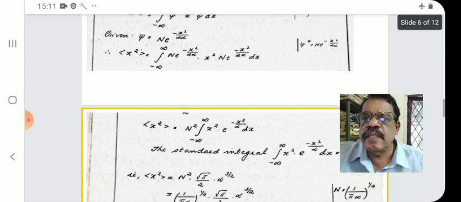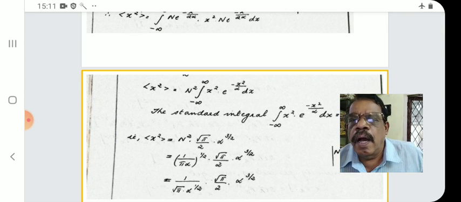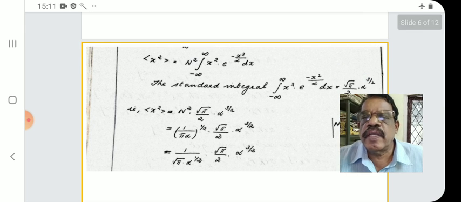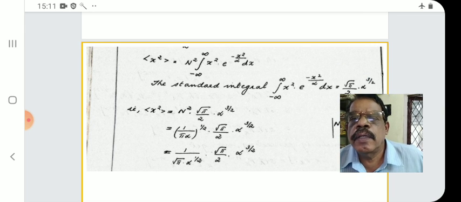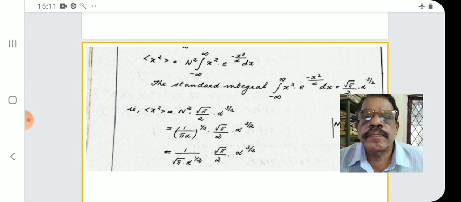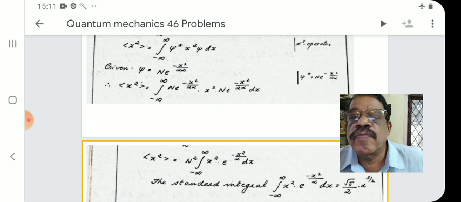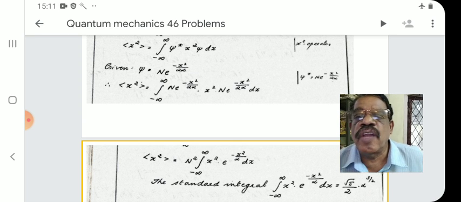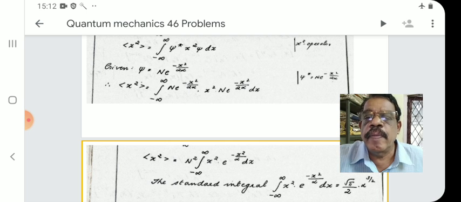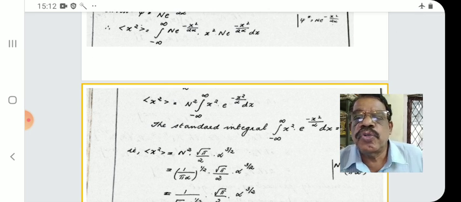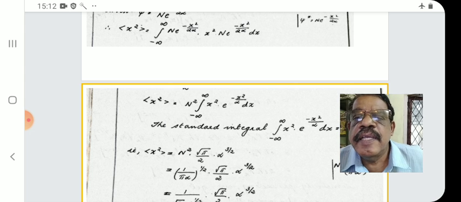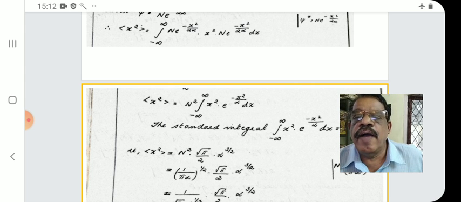In the wave function there is N into N, so N square is taken out: the integral from minus infinity to plus infinity of N square e raised to minus x square by 2 alpha dx. Not 2 alpha: when we multiply e raised to minus x square by 2 alpha into e raised to minus x square by 2 alpha, the powers add. So no need of writing 2 in the denominator. The e term becomes e raised to minus x square by alpha, since 1 by 2 plus 1 by 2 is 1.